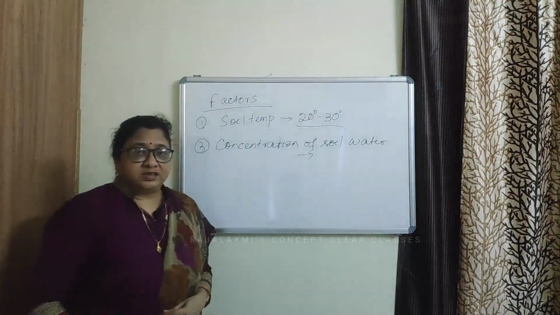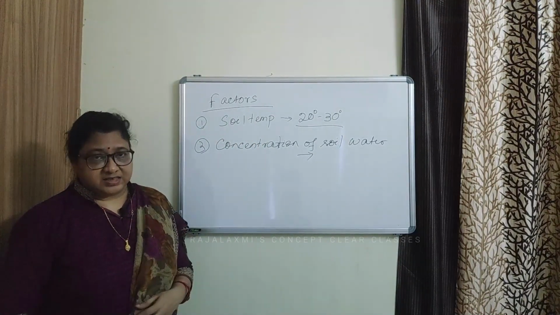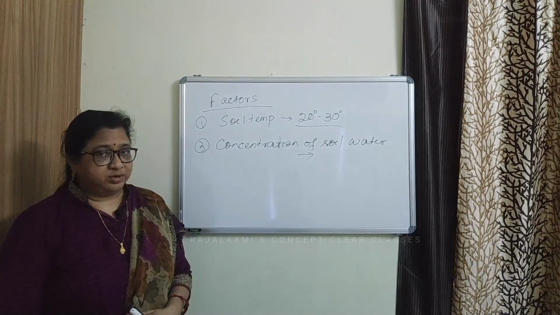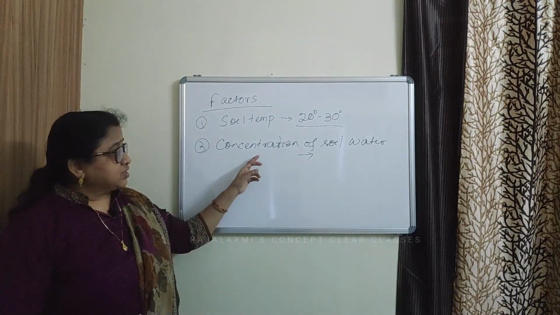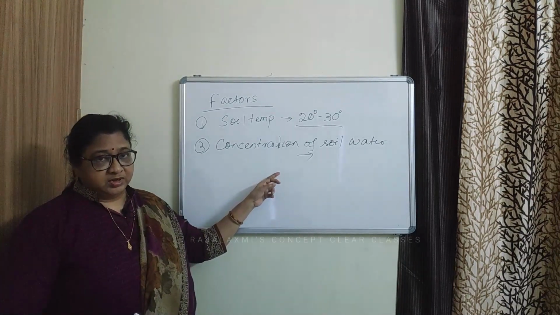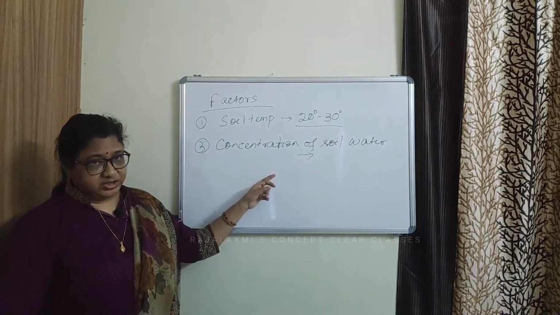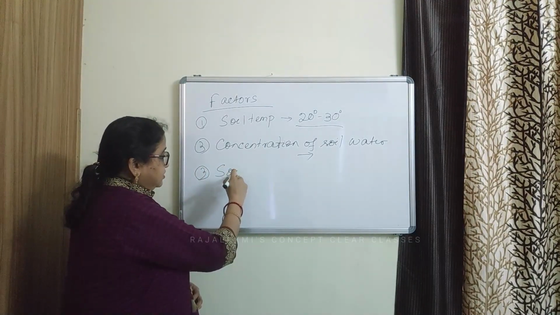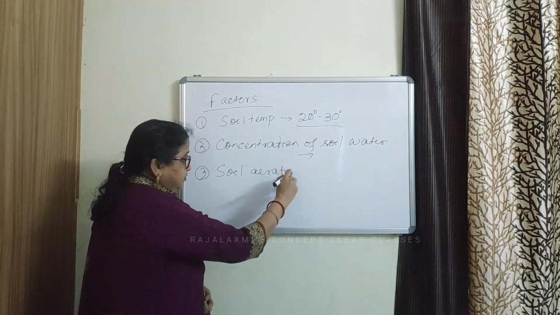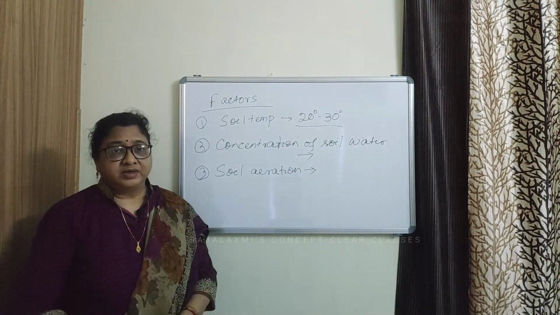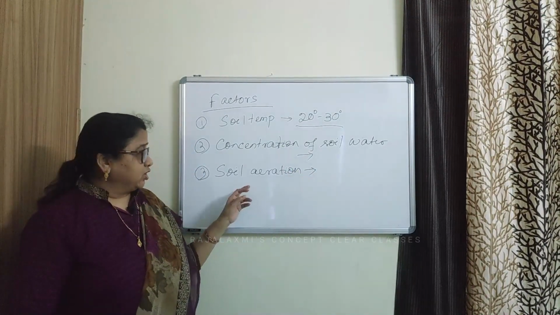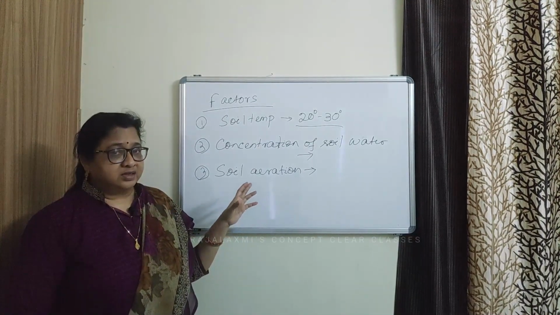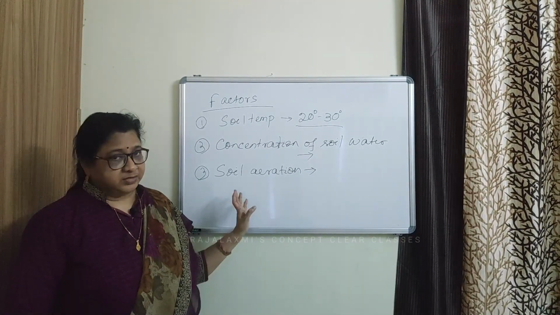When the concentration of the soil water is less than the cell sap, the water can be absorbed by means of osmosis. And if the concentration of the soil water is more, the rate of absorption will decrease. The third one is soil aeration. The rate of water absorption will be more in well aerated soil, because there is a relationship between the rate of water absorption and respiration.